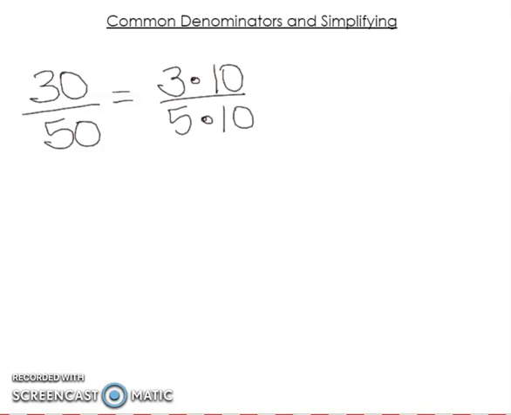The reason I had to have the same number, didn't matter which one, just the one that would work mathematically, is because this reduces. I needed something to reduce. So 10 over 10 is just going to be 1. And so I'm left with 3 over 5. And then that can't break down anymore, so that is my answer.